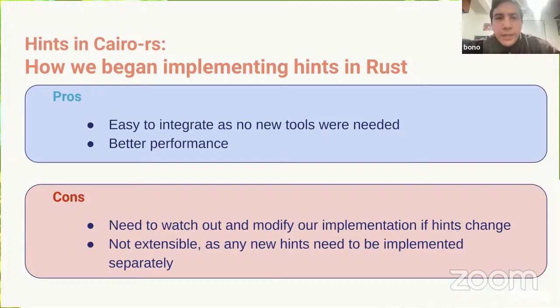But the problem was that since they are basically Python strings, we need to match them, and it was not as extensible as we would like. By matching, we mean literally matching, searching the string in the program.